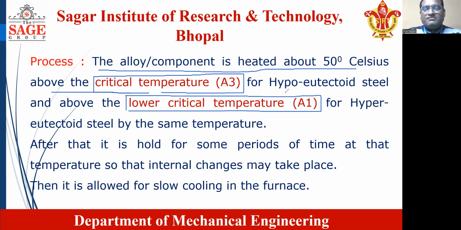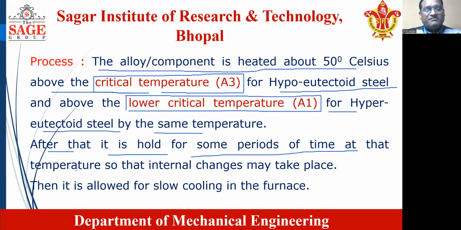So, the critical temperature A3 is used for hypoeutectoid steel, and for hypereutectoid steel, the temperature is above the lower critical temperature. After that, it is held for some period of time at that temperature so that internal changes may take place.